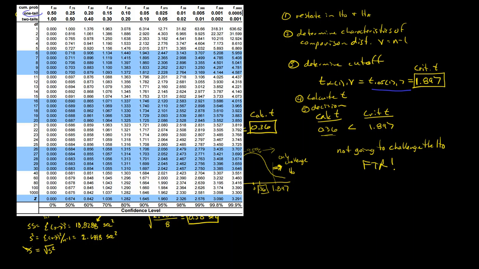So here's our one-tailed row, and we go over here till we get to 0.05. So we're right here. And then our degrees of freedom, which was 7, is here.